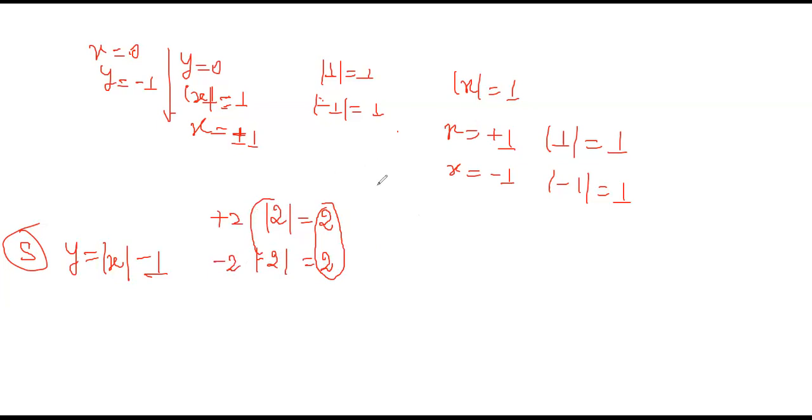So here mod x is equal to 1. It means mod 1 is also 1, and mod minus 1 is also 1. So for the single value 1, you can take plus 1 and minus 1 both. If mod x is equal to 1, it means x is equal to plus minus 1. Now got it?